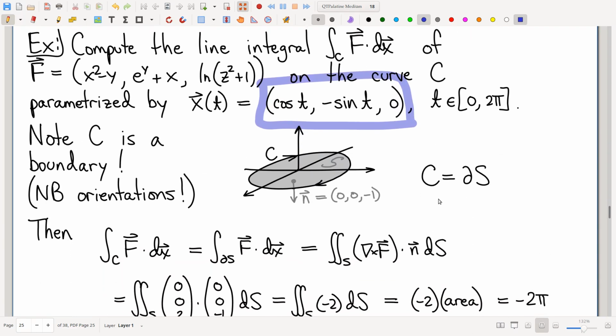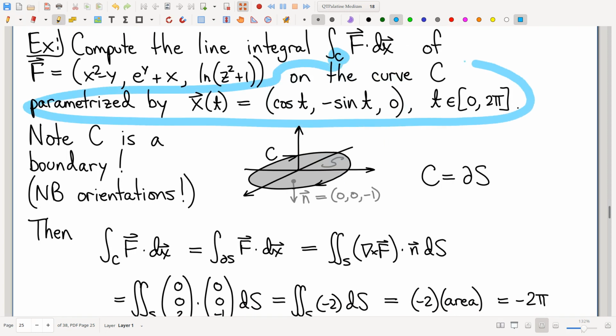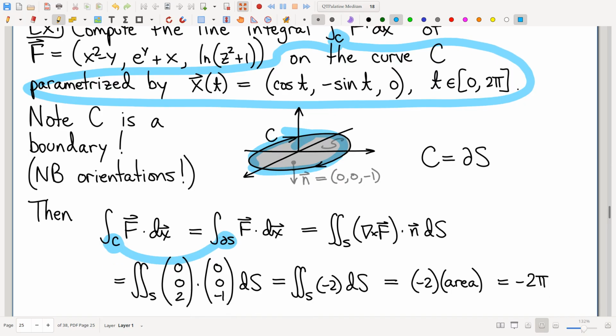So being as it is a boundary, I can write down Stokes' theorem. Our curve, oriented like so, is a boundary. Having observed that it's a boundary, I can apply Stokes' theorem.